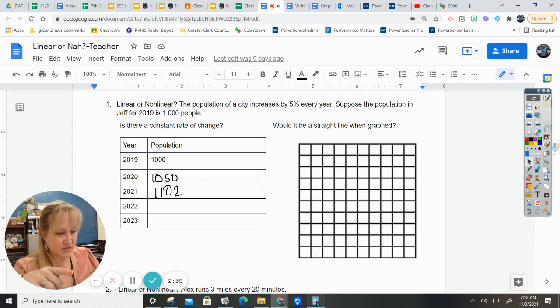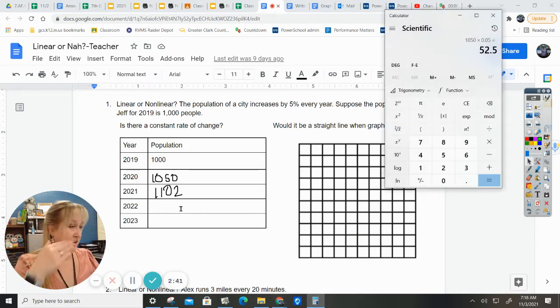All right, next we need to find, it's going to increase again. So I'm going to take that new population and I'm going to multiply it by 0.05. So 1,102 times 0.05 equals 55.